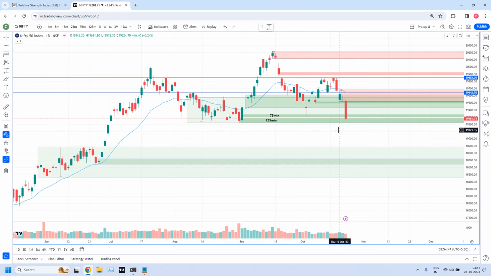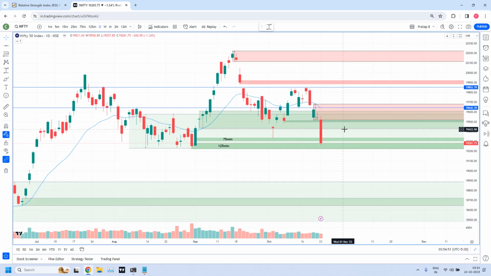Now, some important points you have to observe here. Today, a new supply zone is created: drop, base, drop. Because these weekly zones are violated, let me remove them. Even this one, let me remove. Previously I kept it because the zone was not completely violated, only pierced. Now it is completely violated today.